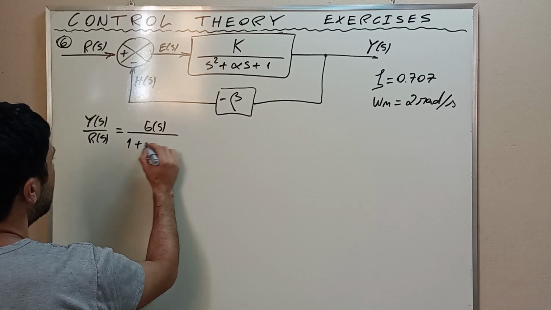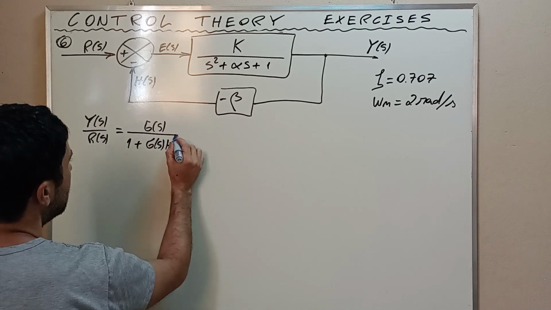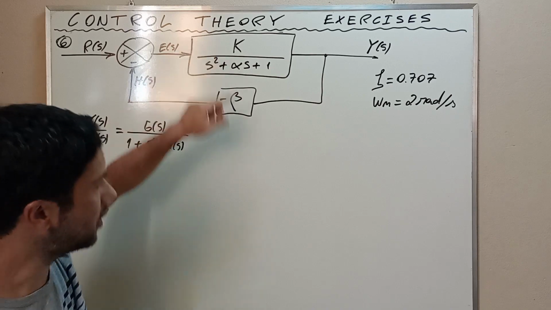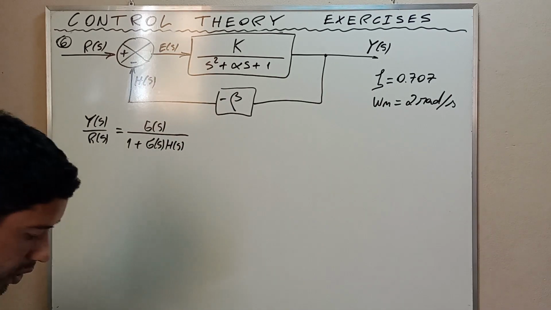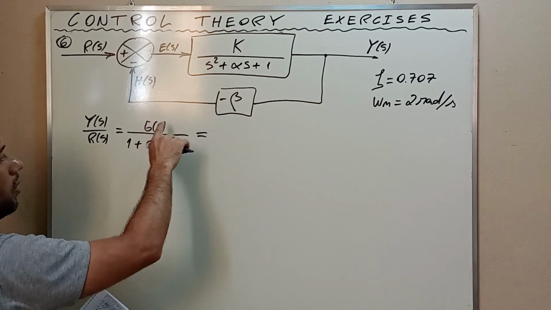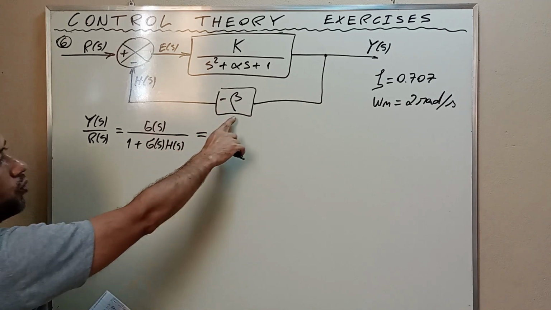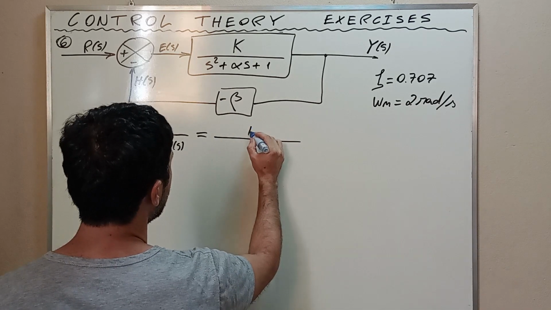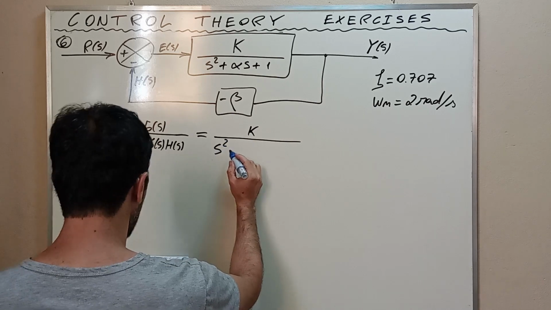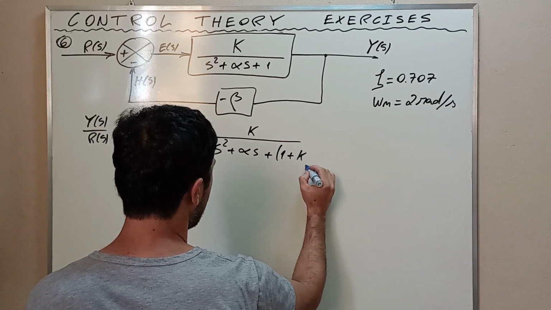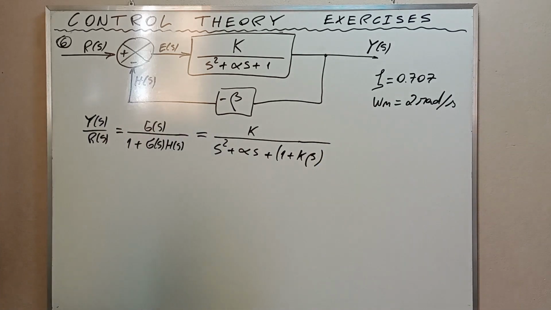Knowing that G of s is this and that H of s is this, we substitute them, and we find that it is equal to K over s squared plus alpha s plus 1 plus K times beta. Alright? This is the closed loop transfer function of the system.